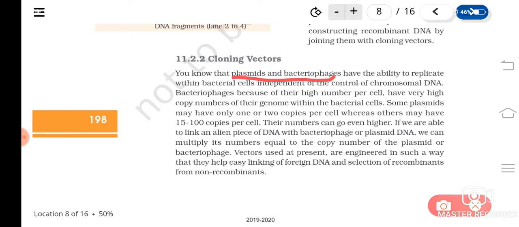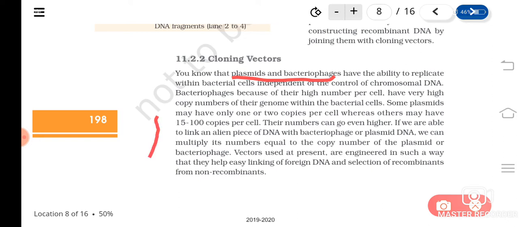The copy numbers of their genome will be very high compared to plasmids. Plasmids may be one or two in a cell, or 15 to 100 copies, but bacteriophages can make a number of copies. So if you link a gene of our interest into bacteriophages, the copy number produced will be more than with plasmids, isn't it?